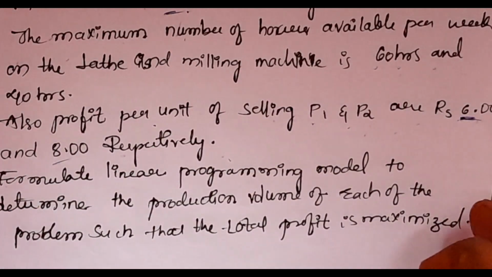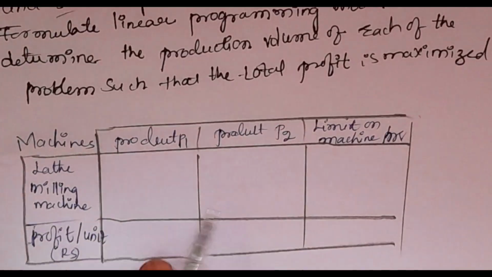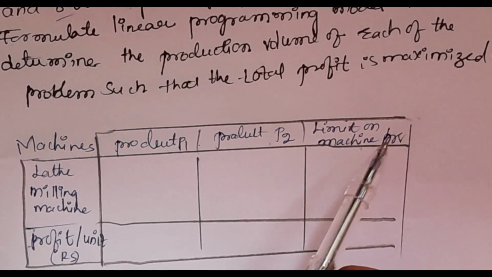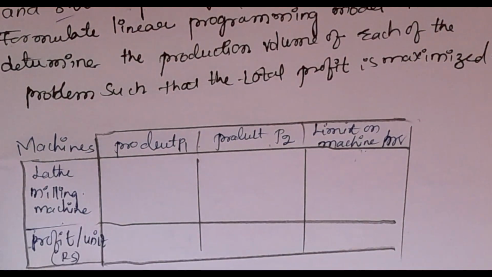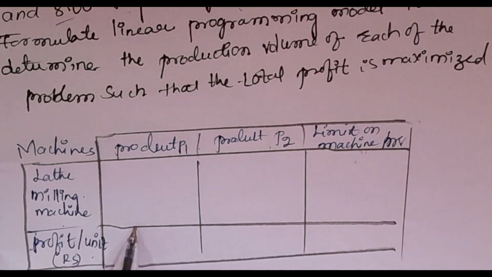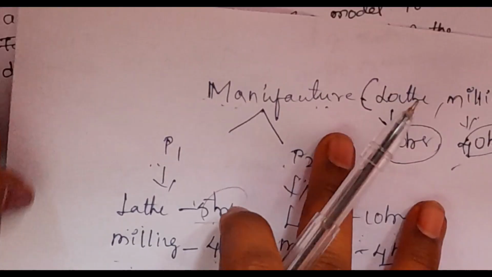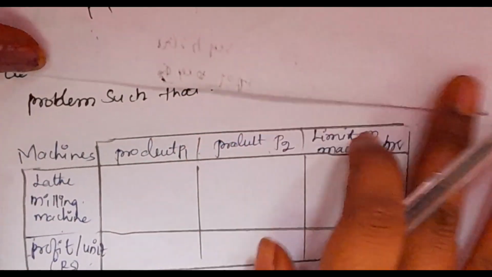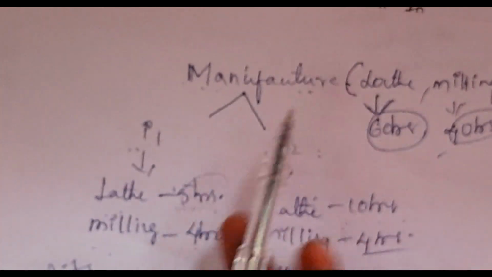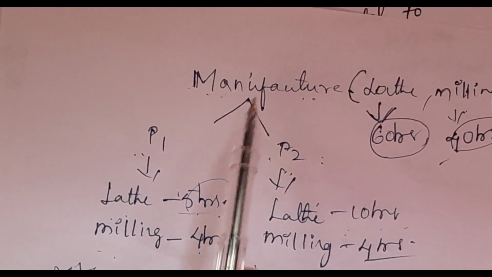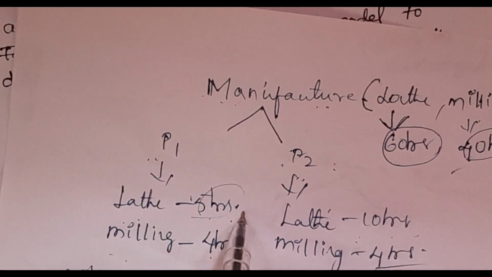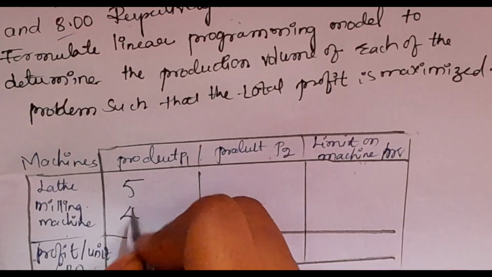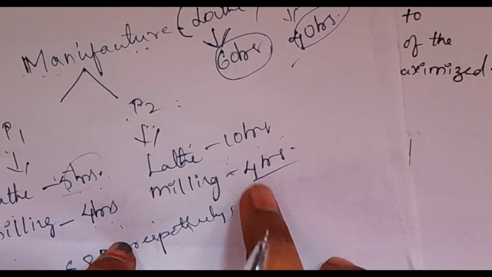Next we have to draw a table. This is how you have to construct the table: products P1 and P2, how the machines work, lathe and milling machines, and profit per unit in rupees. By considering this, we can easily fill the table. Product P1 takes 5 hours on the lathe and 4 hours on the milling machine, and product P2 takes 10 and 4 hours.